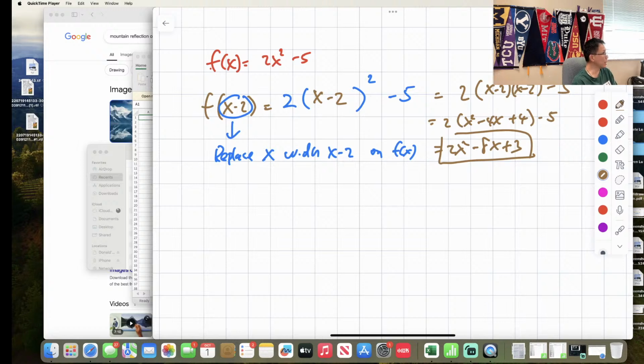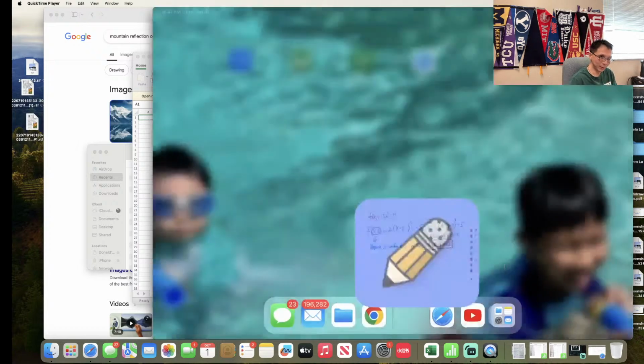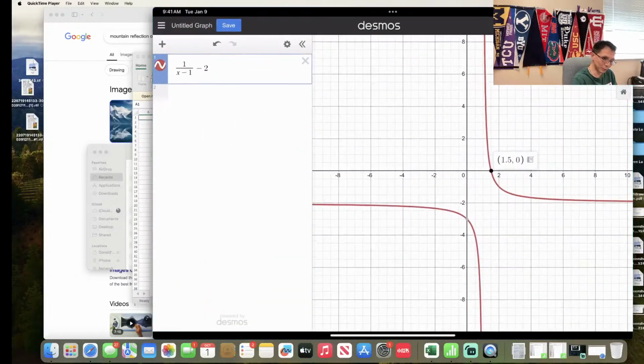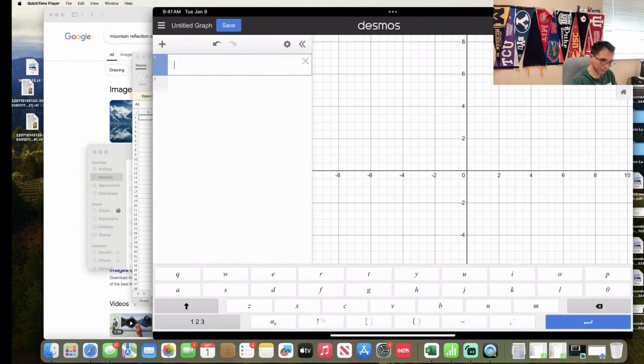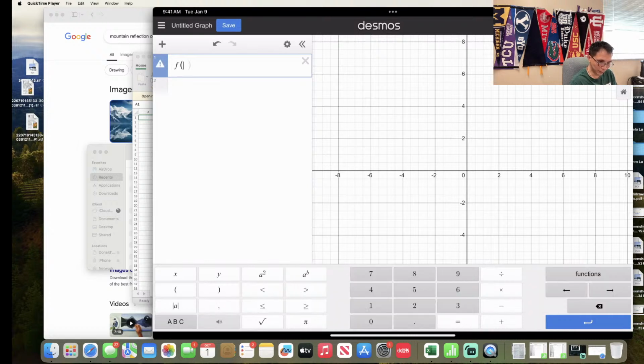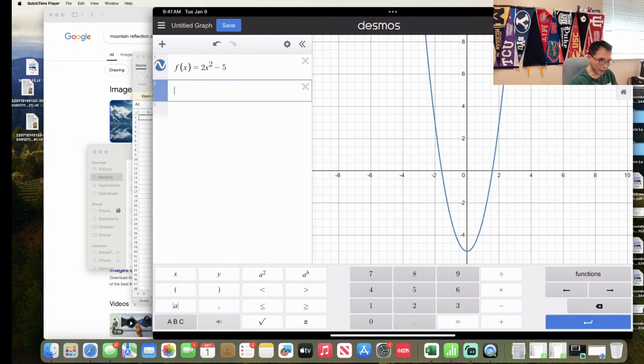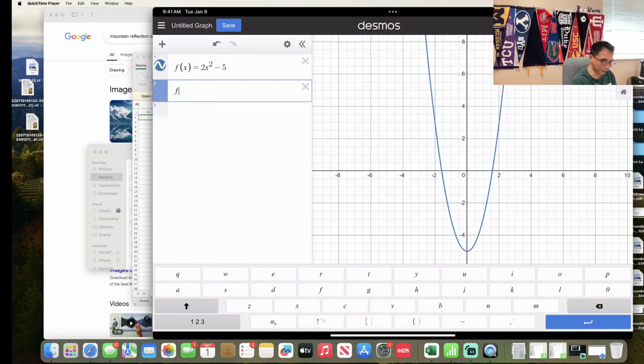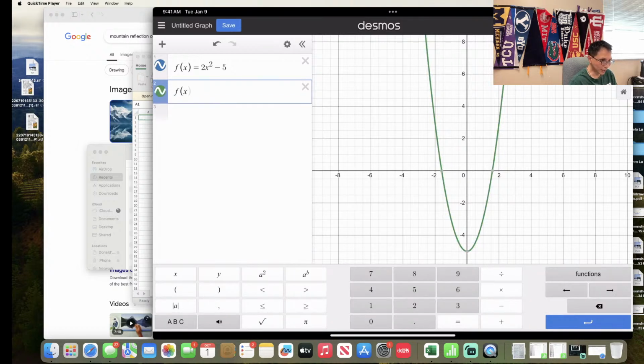Now, there's a second reason why we have function notation. First reason is to differentiate which function. Second reason is to understand the transformation, right? So I'm going to show you f of x. What do we say f of x is equal to? 2x squared minus 5. Now imagine if I just do f of x minus 2.